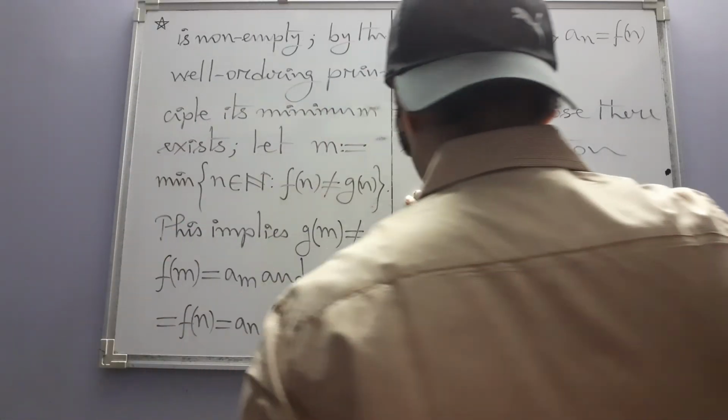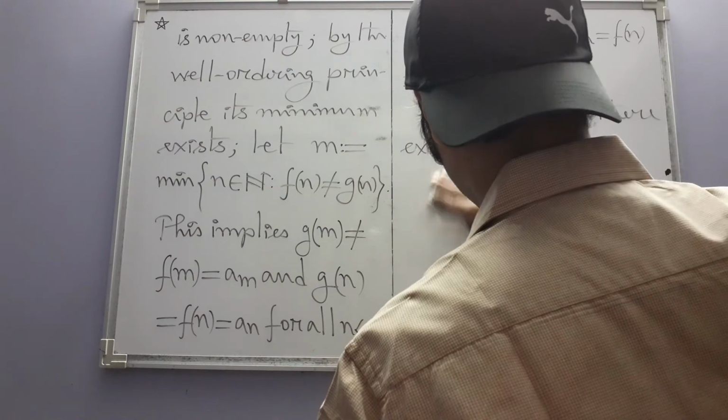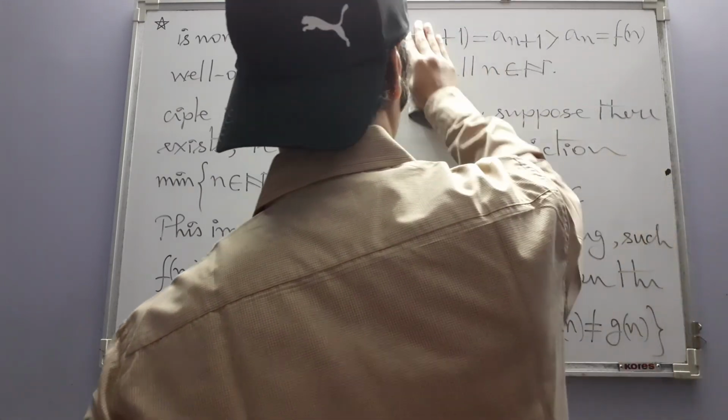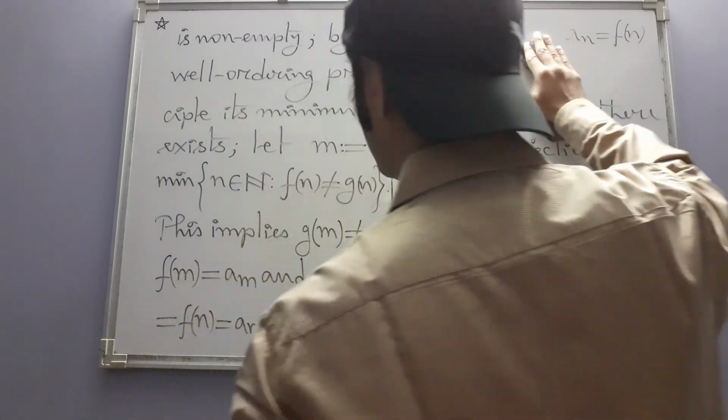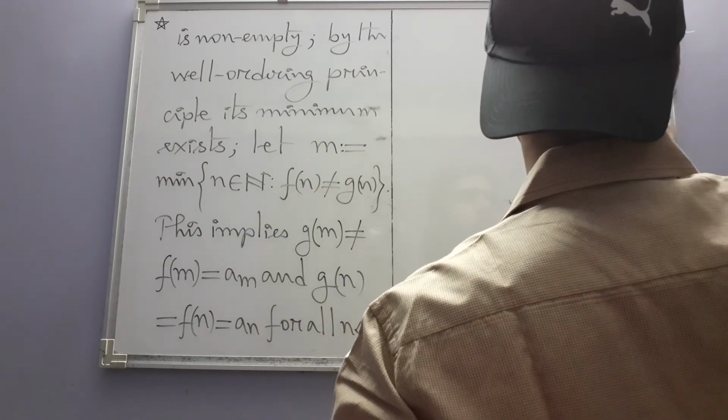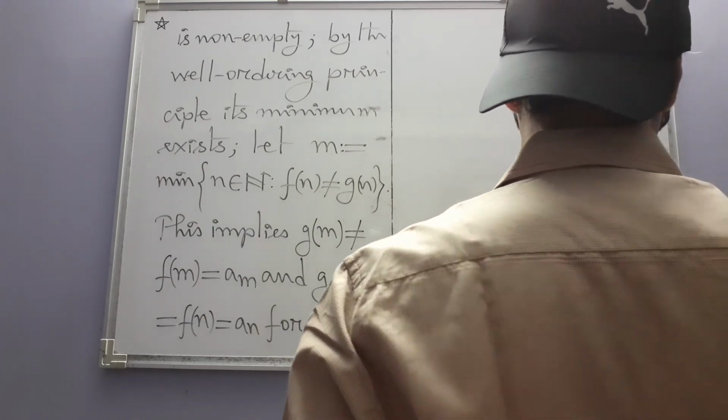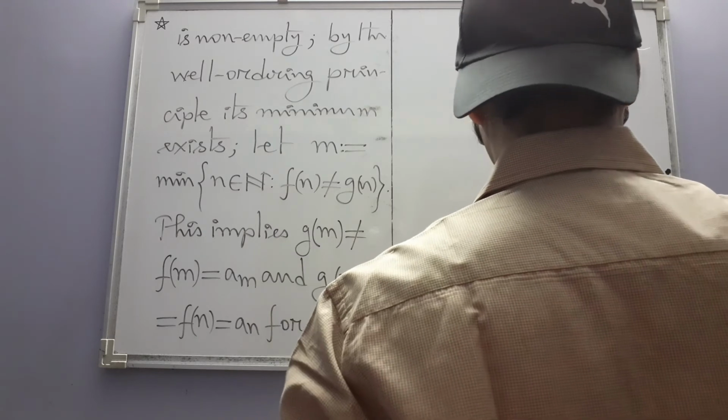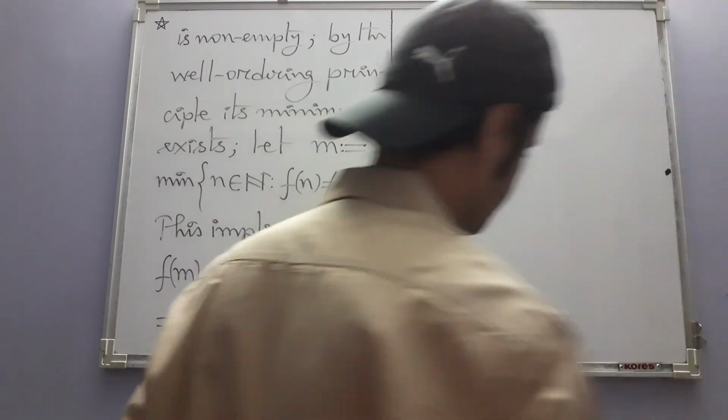Here also there is no gap, but the gap comes next, where we use these things to ultimately conclude that g of m in fact has to be equal to f of m.